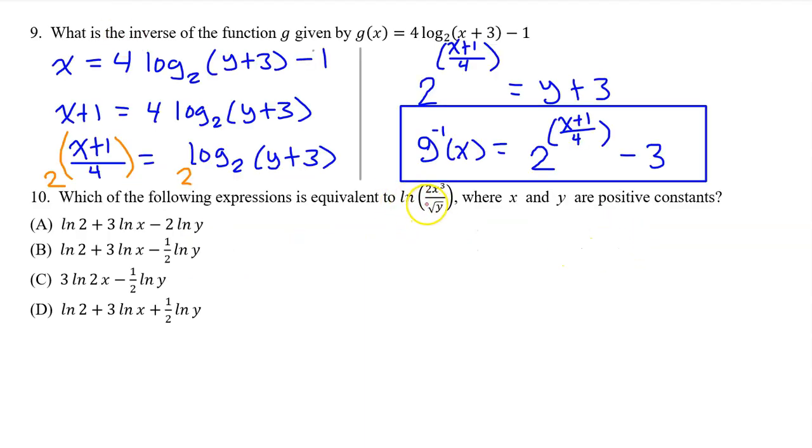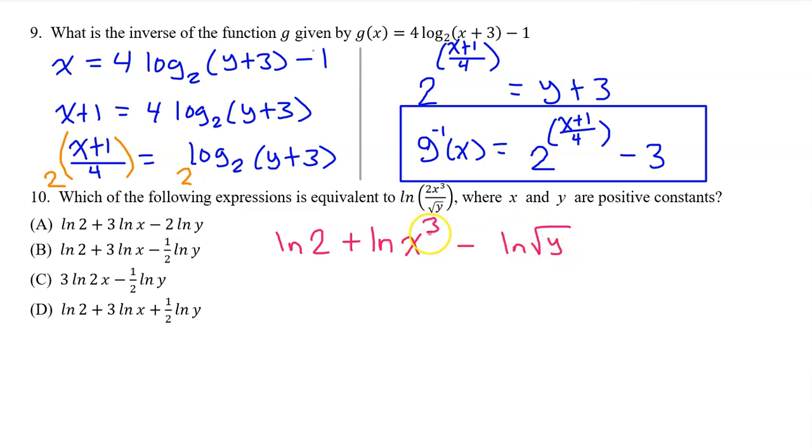This log expression has 3 factors inside, so I can expand this into the sum or difference of 3 logs. Because the 2 is in the numerator, I will start with a positive natural log 2. The x to the third power also in the numerator will give me a positive term, so positive natural log x to the third power. But then the square root of y in the denominator will lead to a negative term, so negative natural log square root of y.